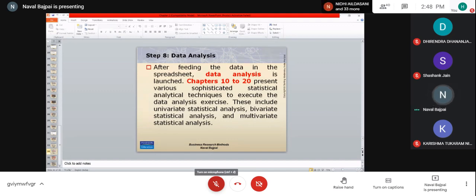Again, I repeat that we are taking this segment for one sake only, because there is a sample and that sample is to be treated applying sophisticated statistical analytical techniques. Why are these sophisticated?